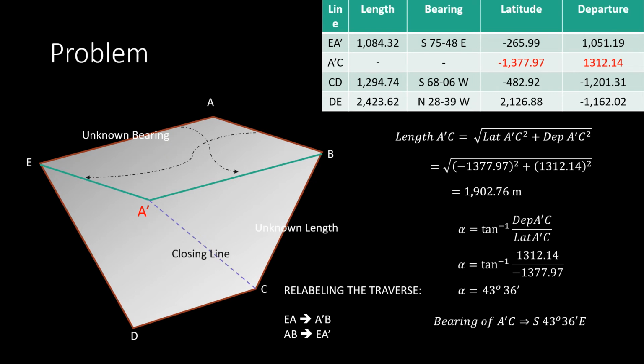So the bearing of A prime C is south 43 degrees 36 minutes east. Now that we have the complete information about our closing line A prime C, we isolate triangle A prime B C.